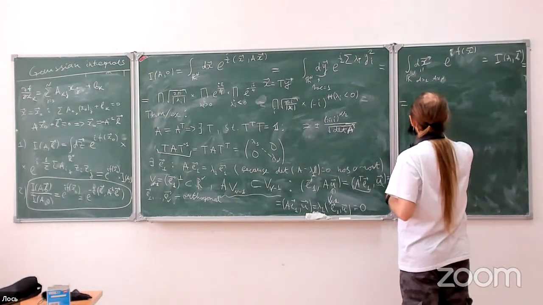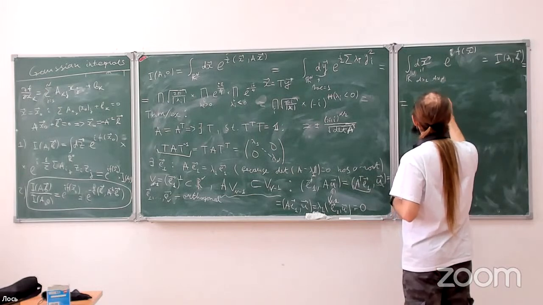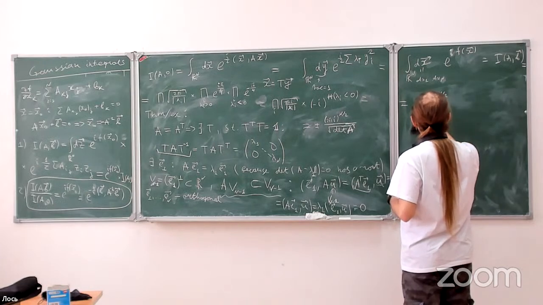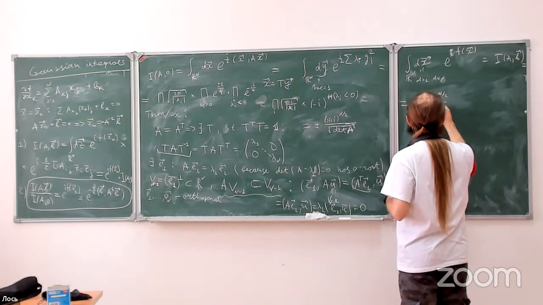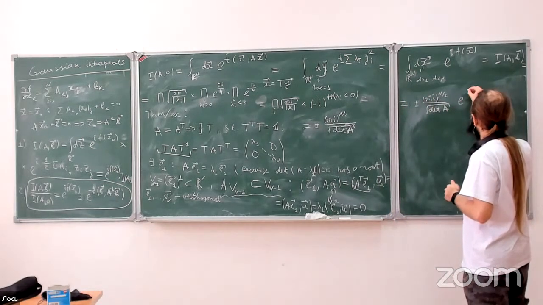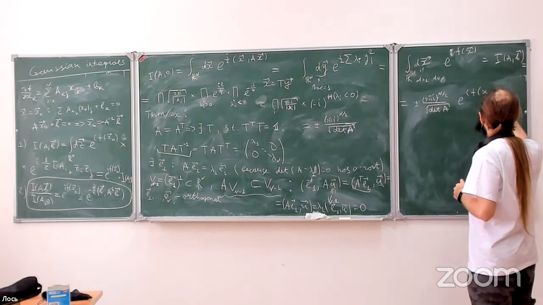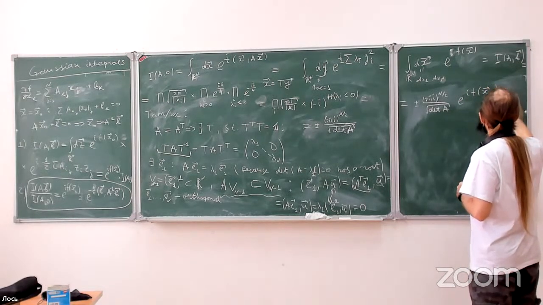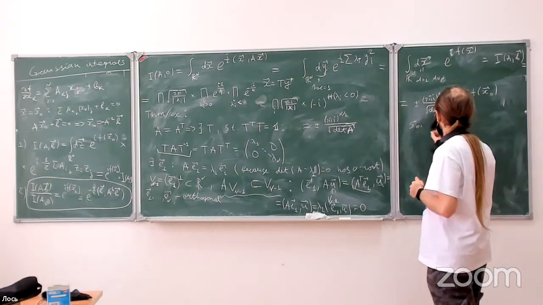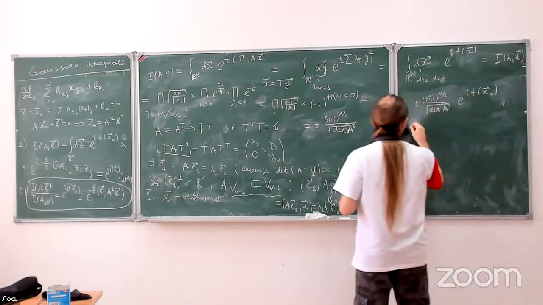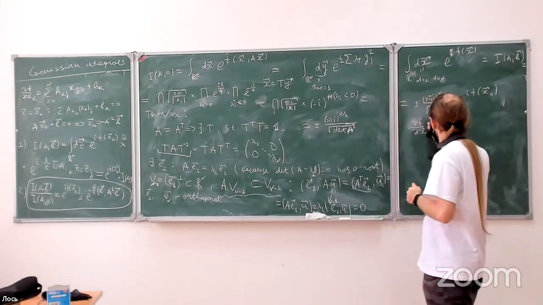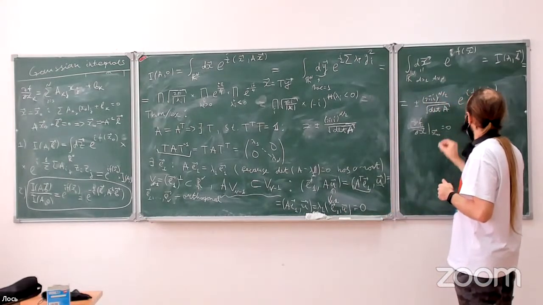This is plus minus 2 pi i to the power n over 2, over the square root of determinant of A, times e to the f of x0, such that x0 is found from the equation df over dx at x0 is equal to 0.